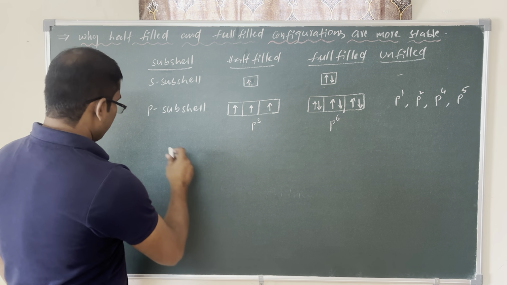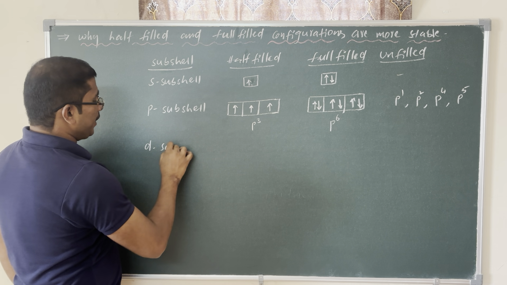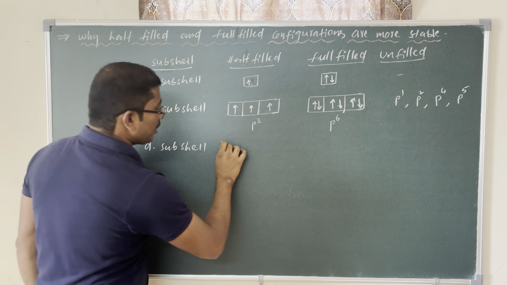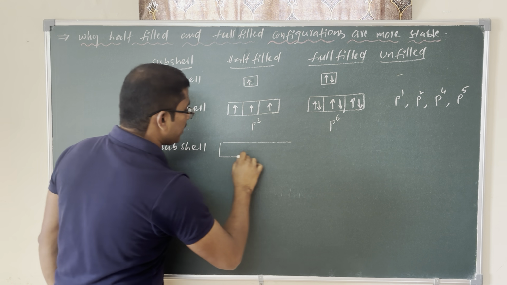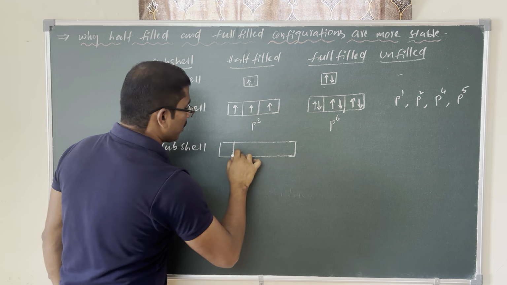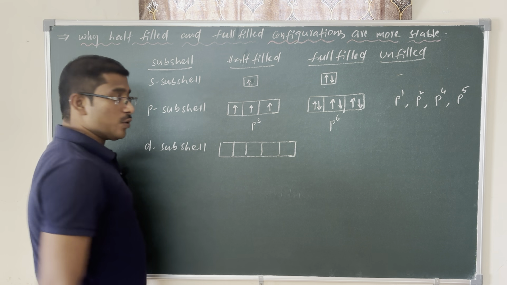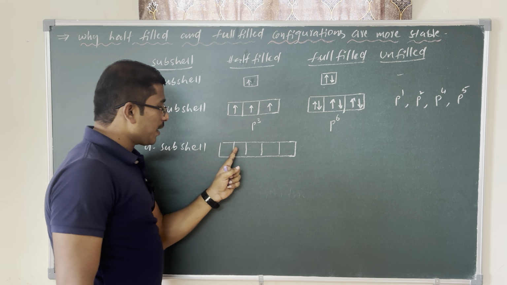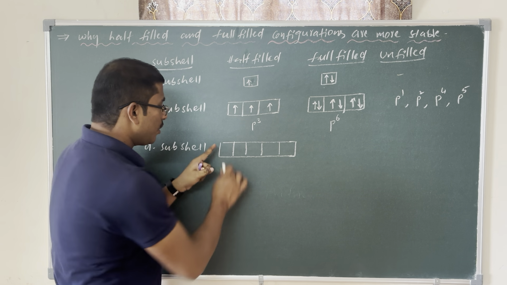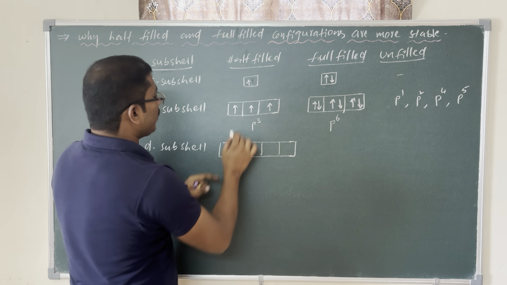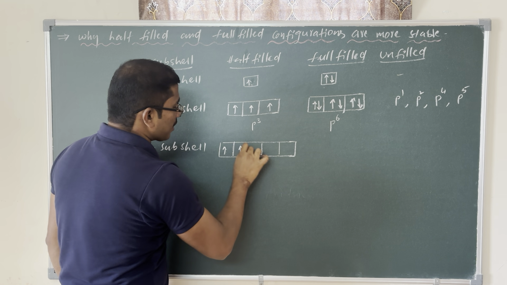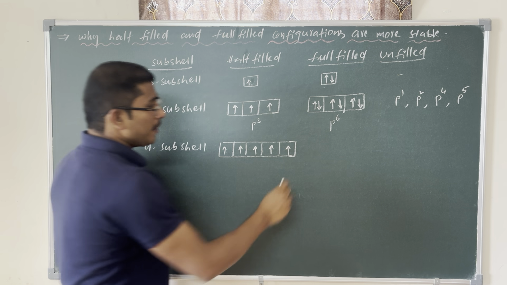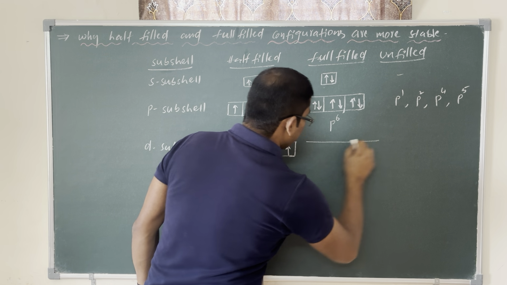Next, I am going to take the d subshell. In the d subshell, a total of 5 orbitals are there, and each orbital capacity is 2 electrons. Half filled is only 5 electrons present with the same spin, one in each orbital.